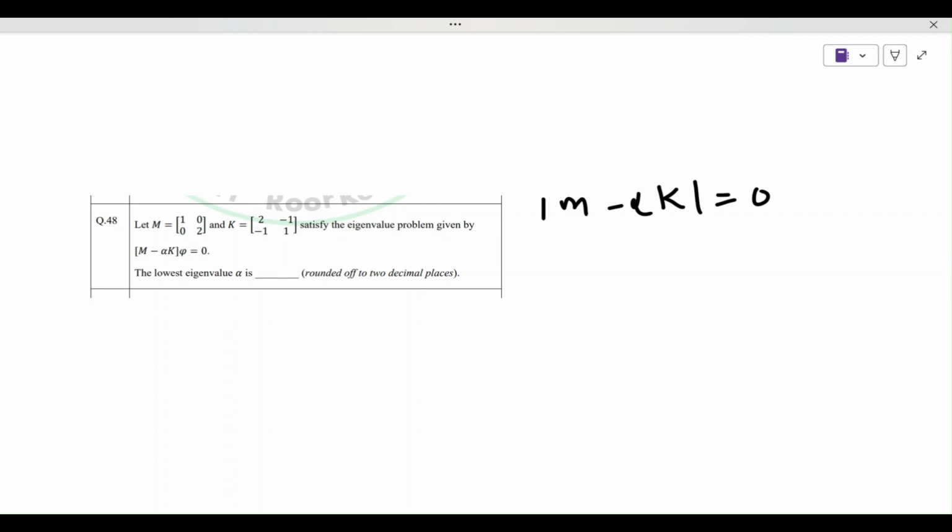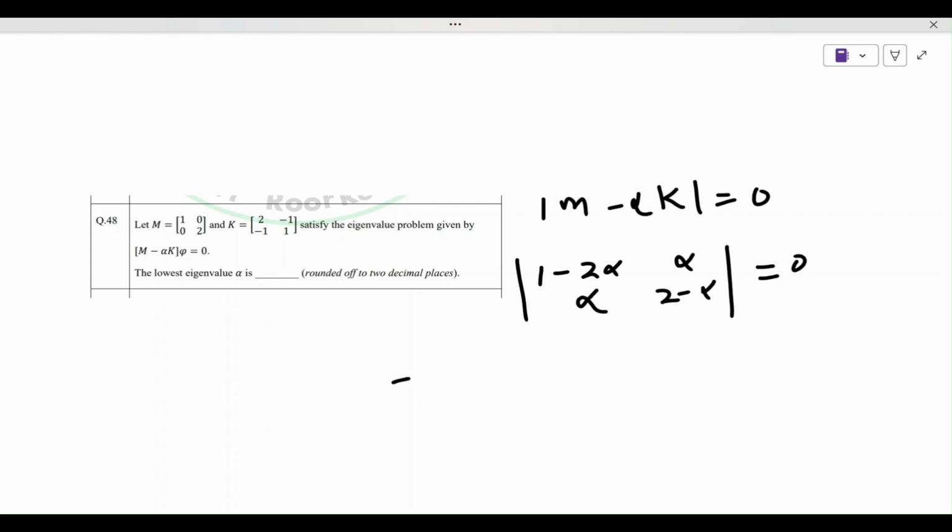So here m is [1 0; 0 2] and k is [2 minus 1; minus 1 1], but multiplied by alpha. So we can write it as 1 minus 2 alpha, minus alpha into minus is plus alpha, again alpha, and we have 2 minus alpha. Its determinant is equal to 0.